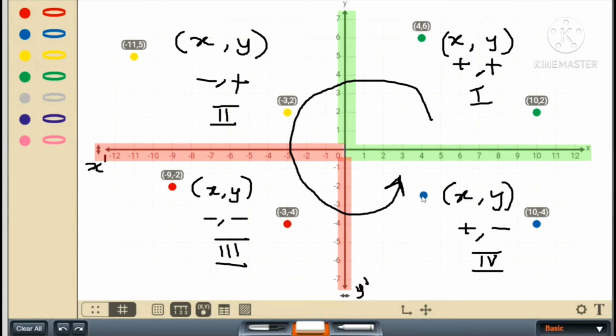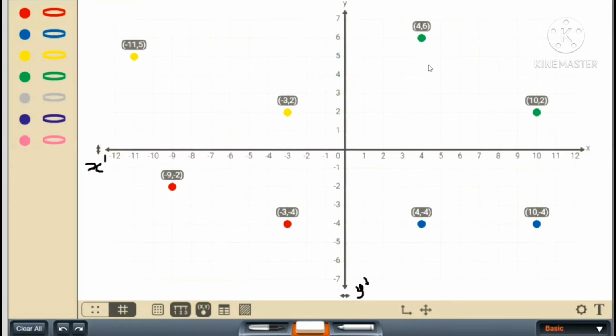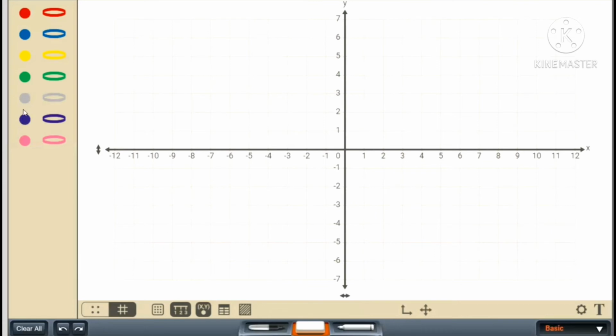Next, it's 4 in x, minus 4 in y. It's 4, minus 4. Likewise, 10, minus 4. Clear with the points? This is the first quadrant, the second quadrant, the third quadrant, and the fourth quadrant.